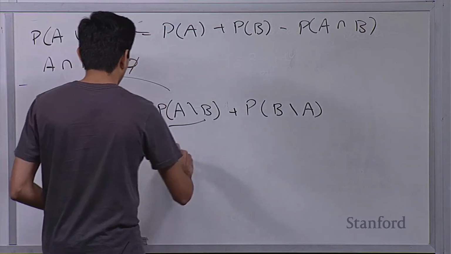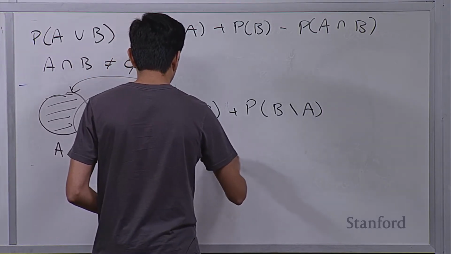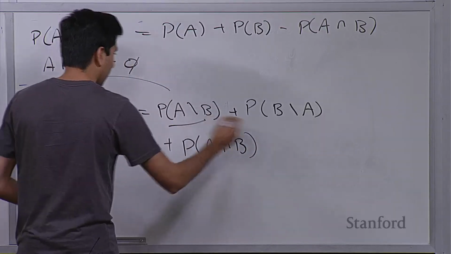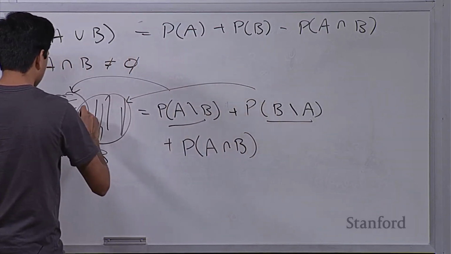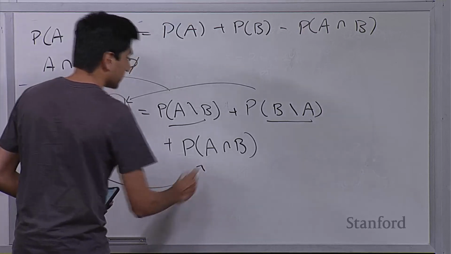And then add the probability of A intersection B. Each of these terms corresponds to one of the regions of the diagram.